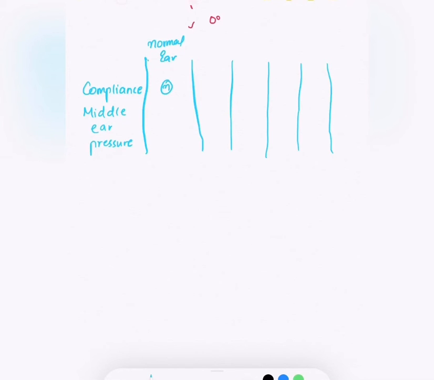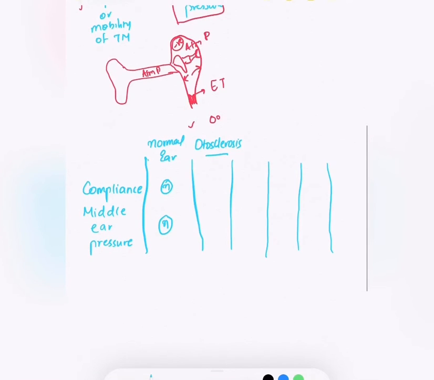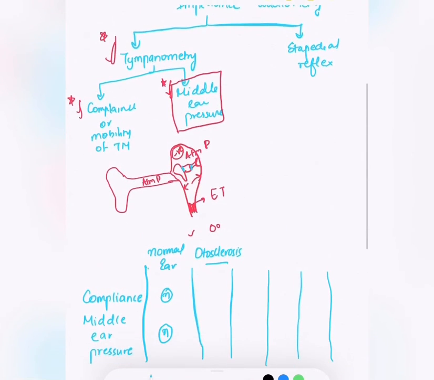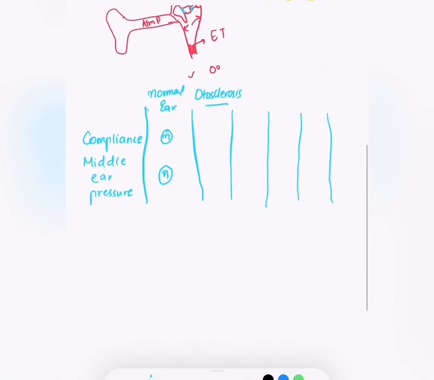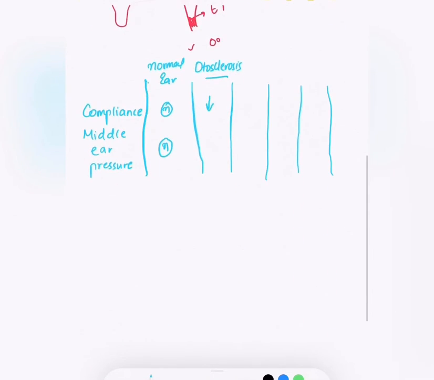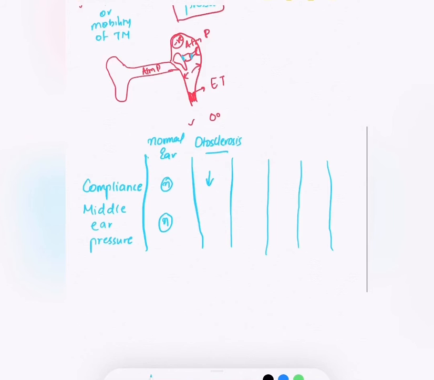Compliance would be normal. Middle ear pressure would be normal. Second is otosclerosis. What is otosclerosis? Otosclerosis is fixation of the ossicular chain. So the mobility would not be proper. So you see here the compliance and mobility of the tympanic membrane is reduced. But the eustachian tube is normal in otosclerosis. So middle ear pressure would be normal.